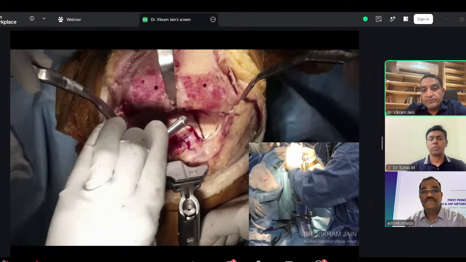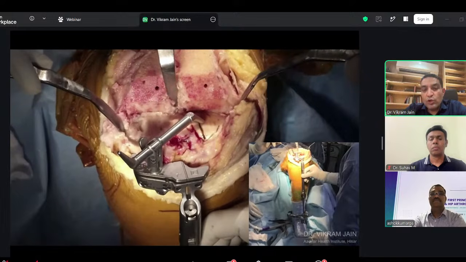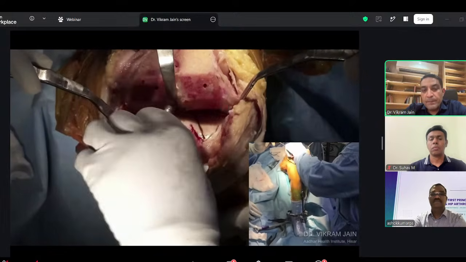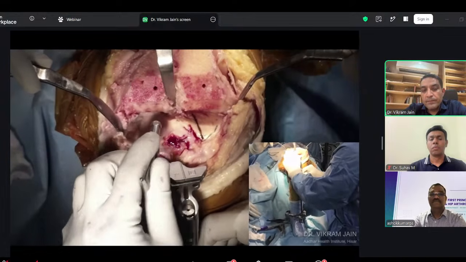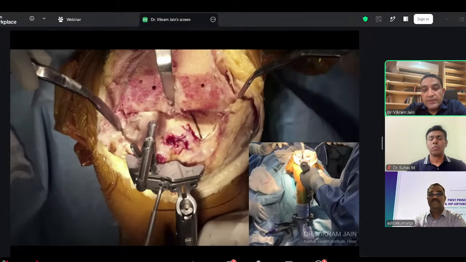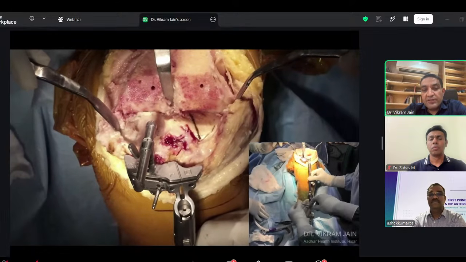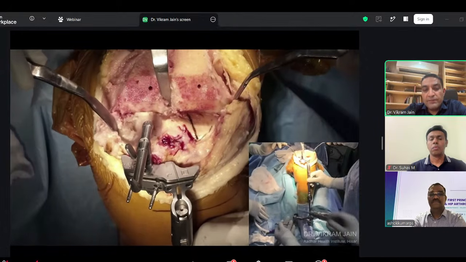Recheck again, so as to be sure that you are not over resecting. Once I'm satisfied, the tibia jig is fixed to the proximal tibia using pins.